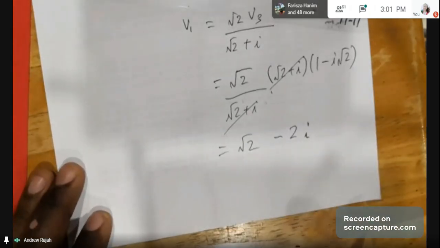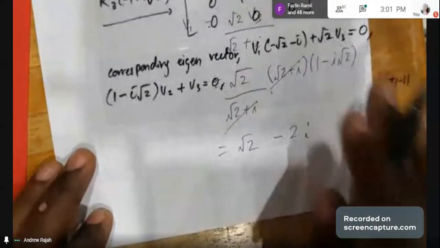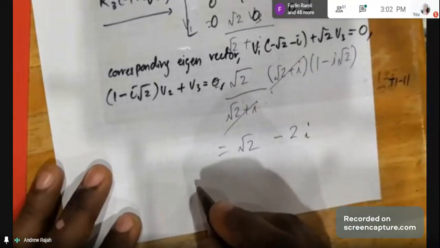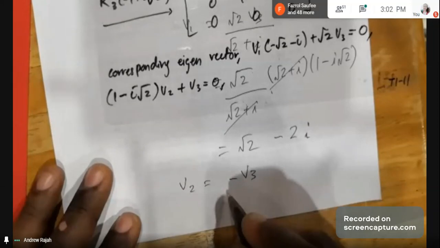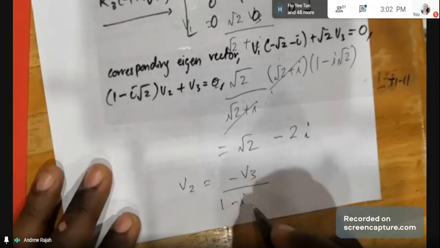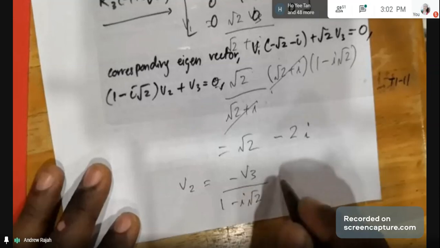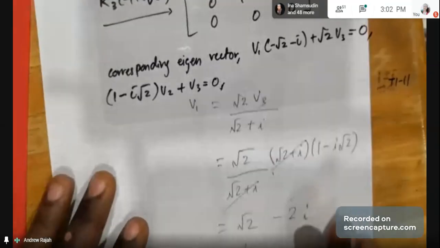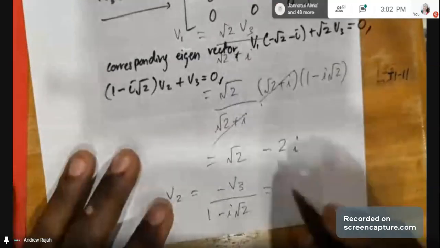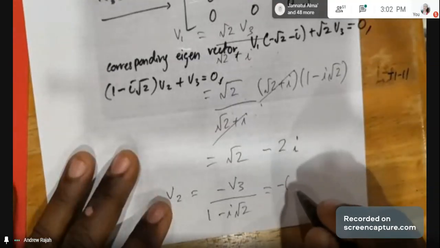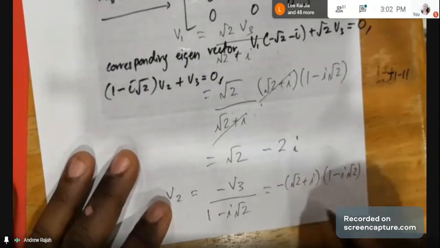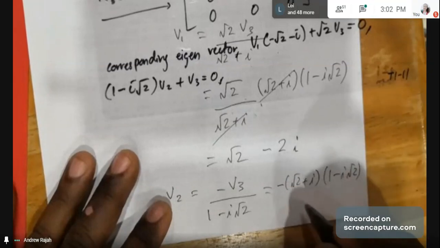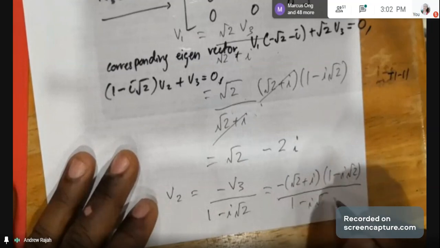Even V2, V2 is negative V3 over 1 minus i square root 2. Because we choose V3 as the product of these two, now it makes it easier: negative square root 2 plus i times 1 minus i square root 2 over 1 minus i square root 2.